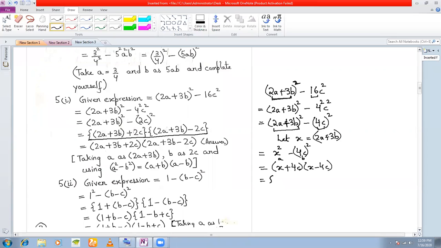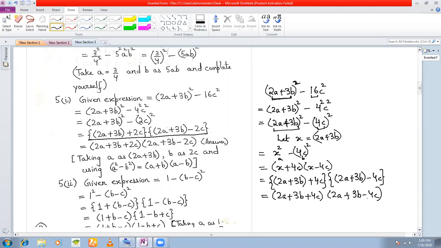So now this is (2a + 3b + 4c) times (2a + 3b − 4c). Now you remove the curly brackets: 2a plus 3b plus 4c into 2a plus 3b minus 4c.